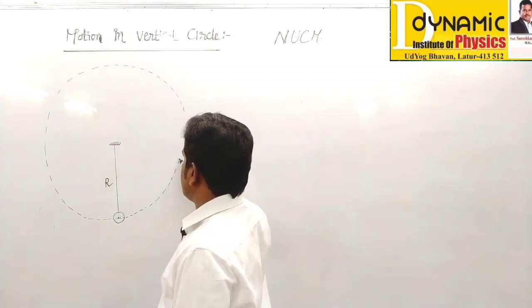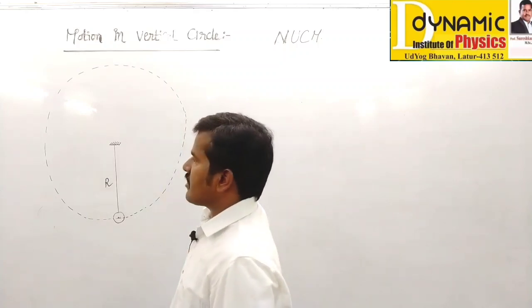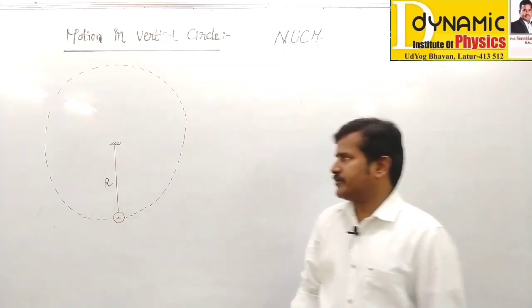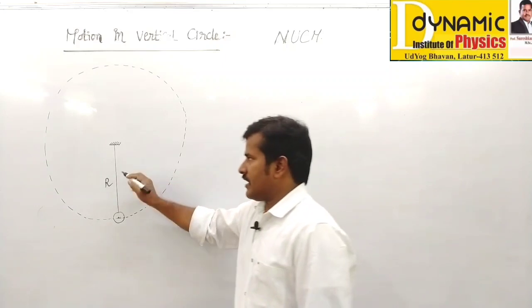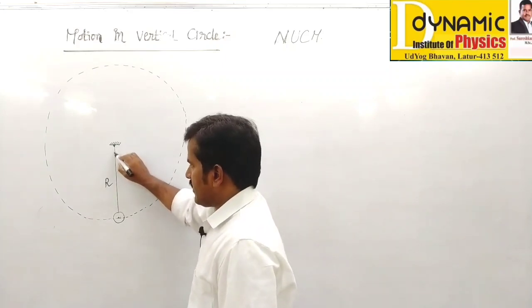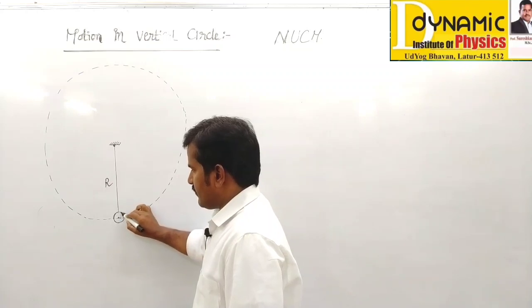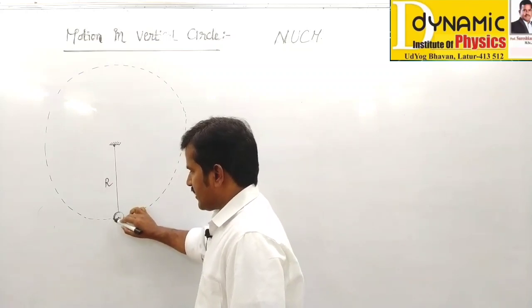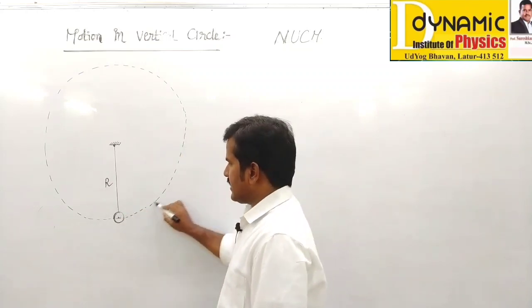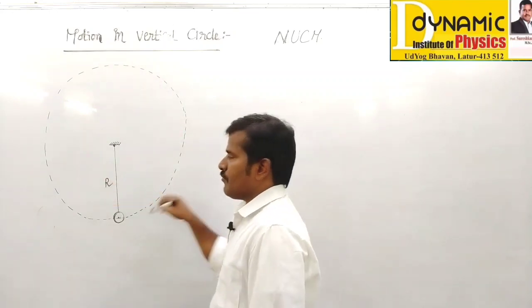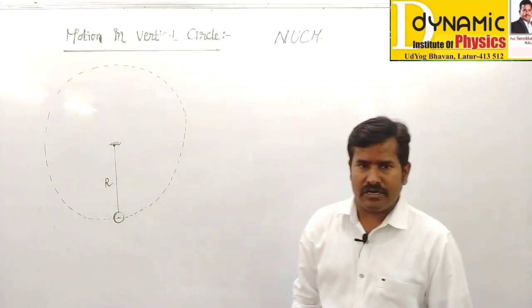What is the tension and velocity at different positions? This is one string of length r. At the lower end, a metal sphere is attached. It is in circular motion, vertical circular motion.